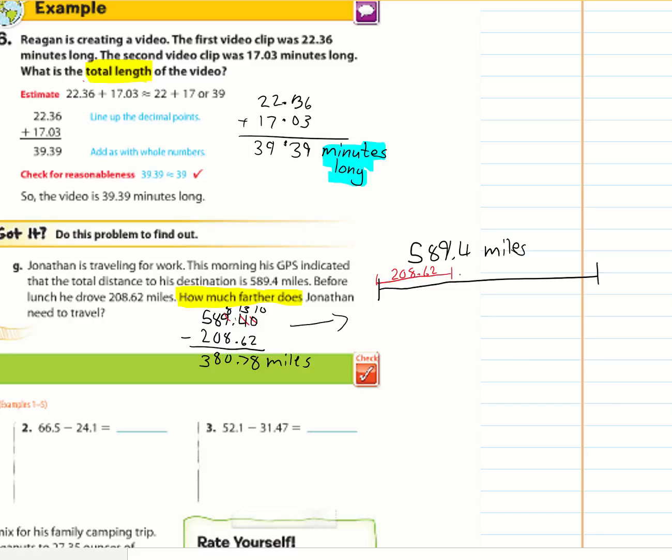So if we subtract both of these, we get the remaining distance of about 380 miles, or 380 and 78 hundredths miles.